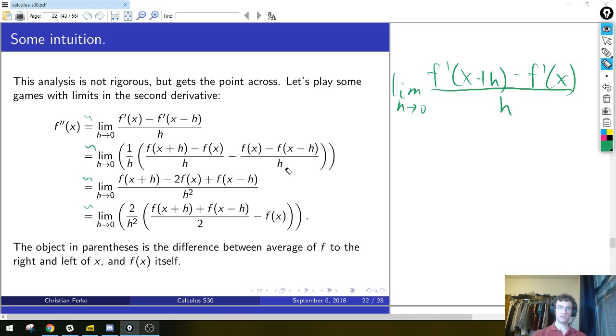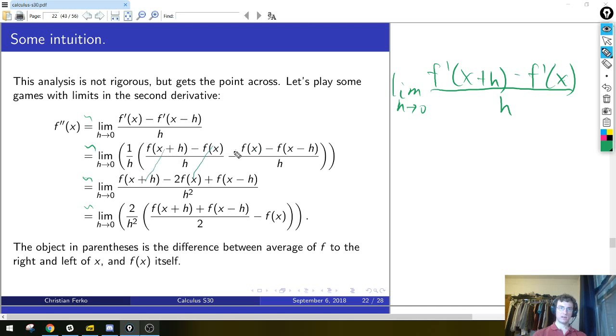Okay, now we can combine and get one denominator, because these are all over h. So I'm going to combine these into one fraction. Now there's an h squared downstairs, one h from here, one h from here. In the numerator I have all these terms: f of x plus h went here, one of the minus f of x went here.